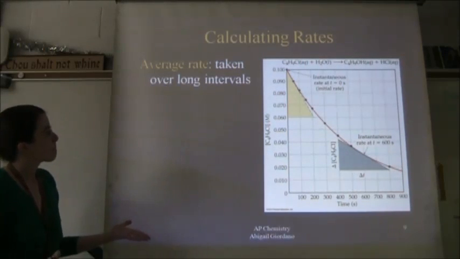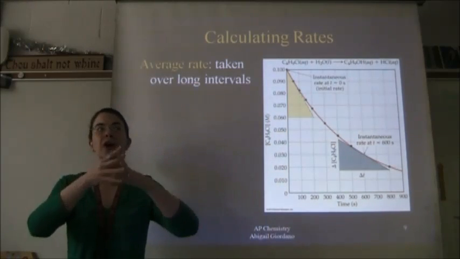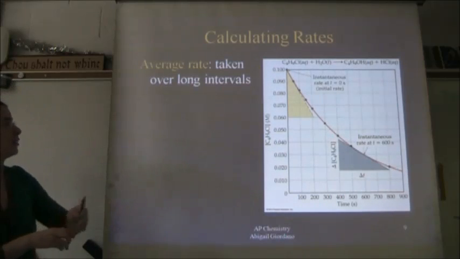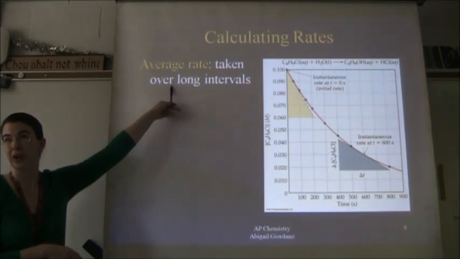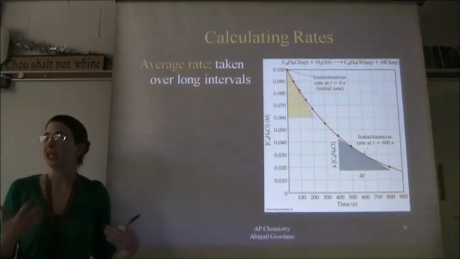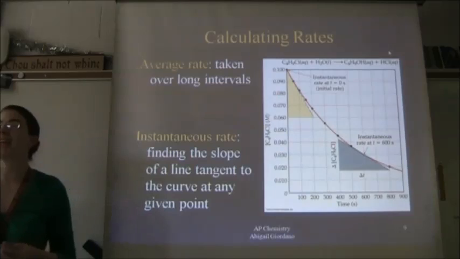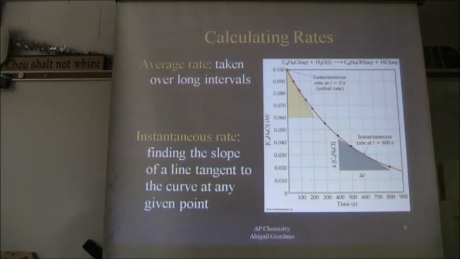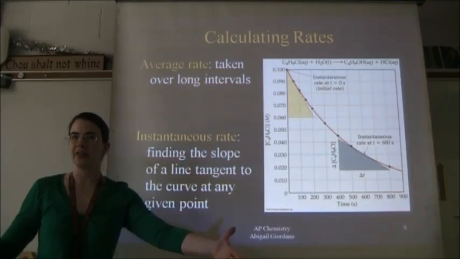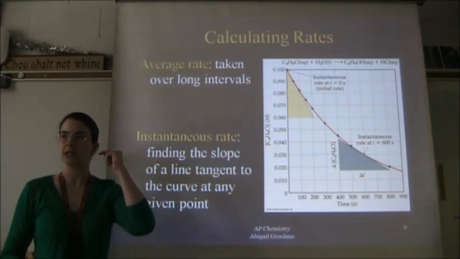It's how does the concentration change over a set period of time? In all honesty, we're not going to deal with this one very often, if at all. We're not going to calculate average rates. We are going to focus on what's called an instantaneous rate, meaning not over the course of 5 minutes, but at this one particular moment.